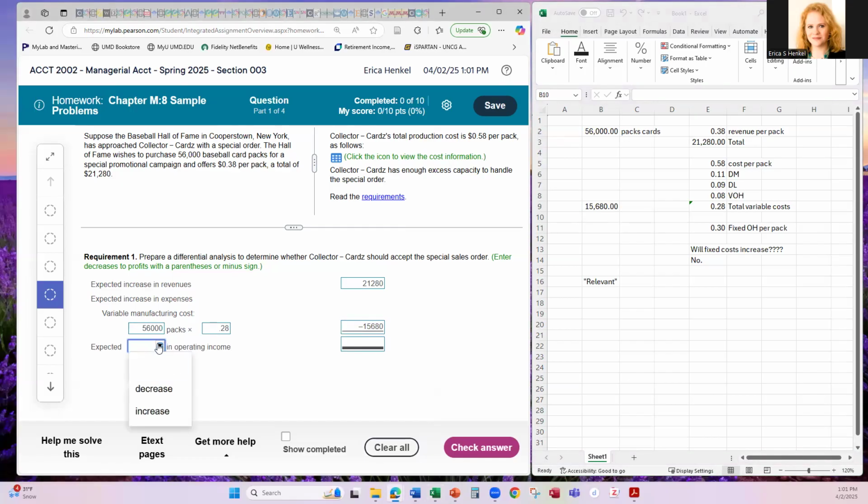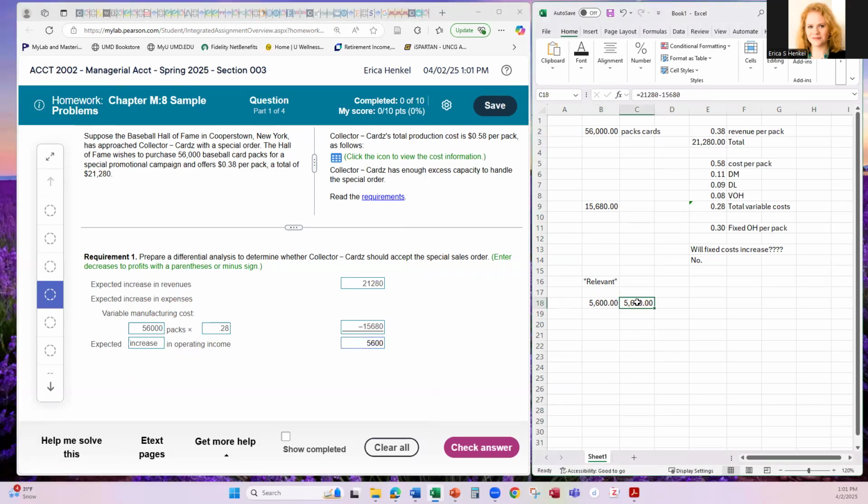So we have an expected increase here because our revenues are exceeding the change in costs that we have there. Okay, and that difference is 21,280 minus the 15,680, which is $5,600. All right.